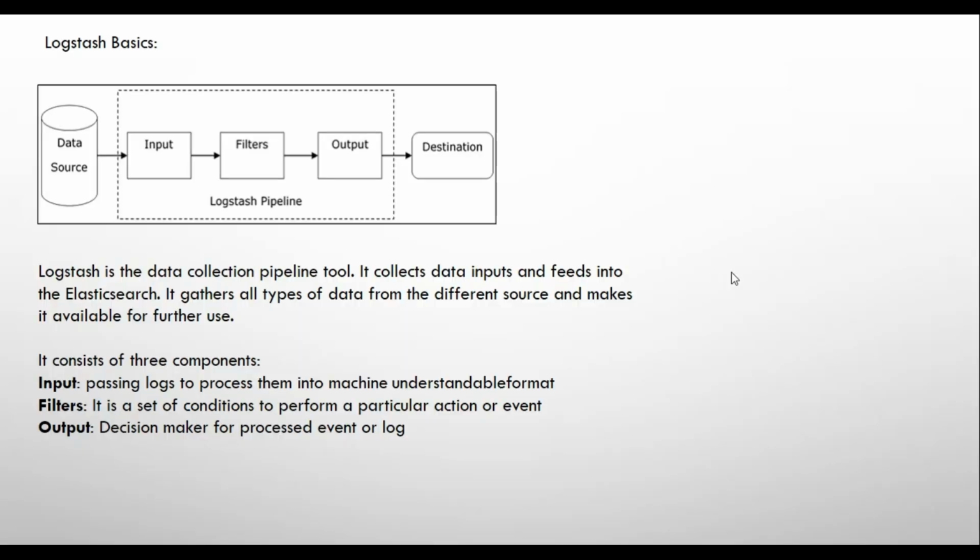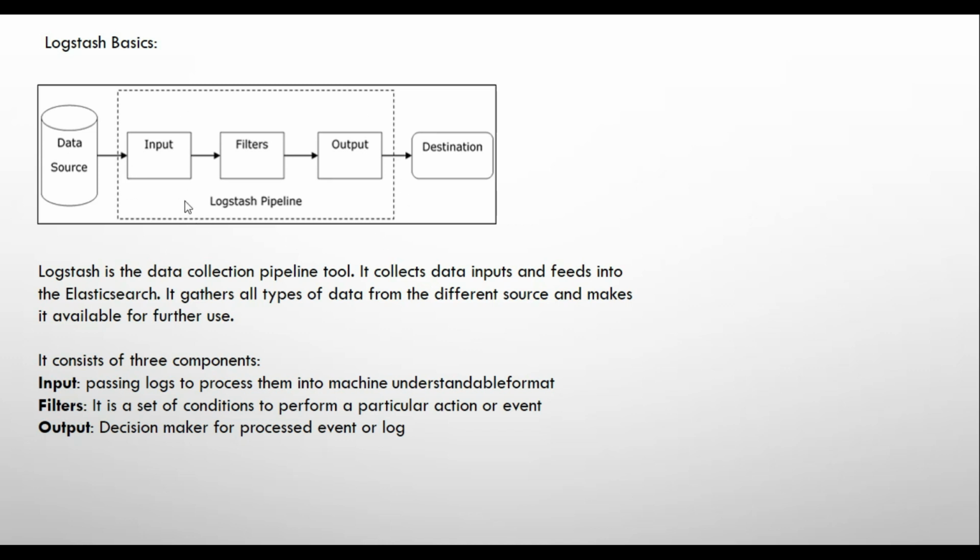Before going to the installation part of Logstash, we need to understand the basics of Logstash in a few words. We have a data source or input, and that input is given to Logstash.